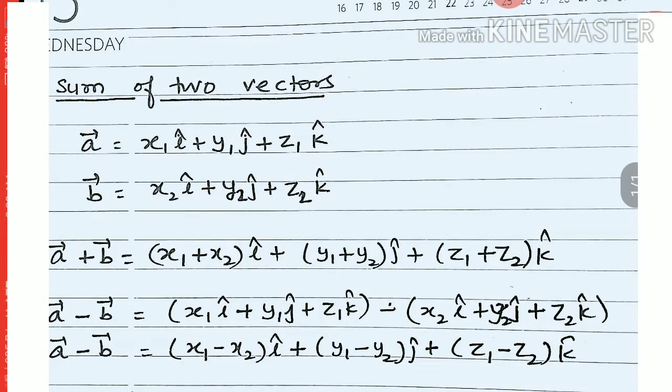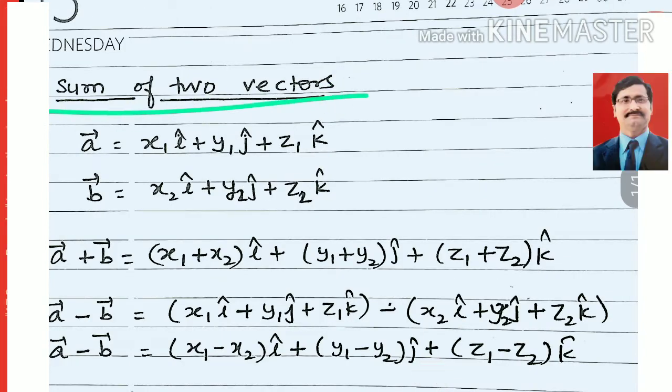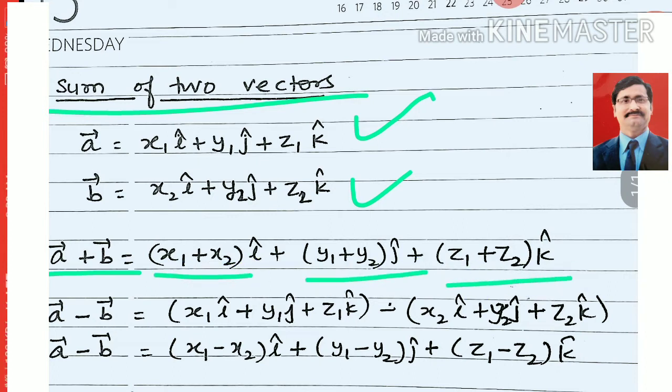Look here, sum of two vectors. How can we do the sum of two vectors? a is given to you as x1 i plus y1 j plus z1 k, and b vector is given as x2 i plus y2 j plus z2 k. Now you have to add a plus b vector. Then you add the i coefficients, the j coefficients, and the k coefficients.